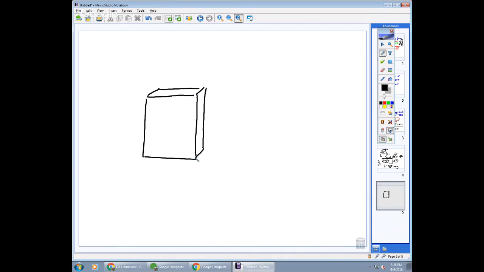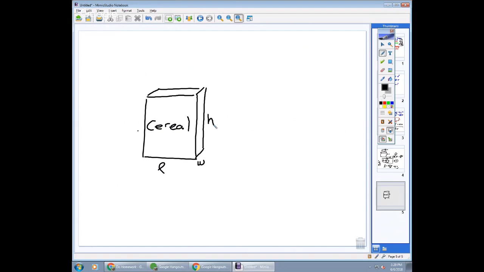There's mine. So I've got this length here, and I've got this width here, and I've got some height here. You could even put numbers in there if you wanted to.